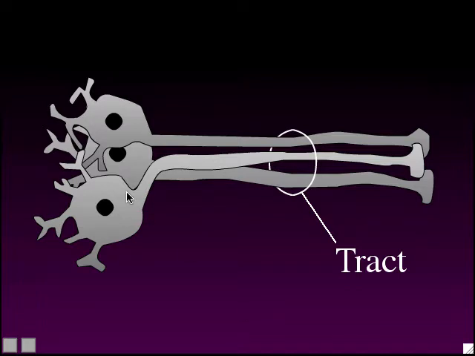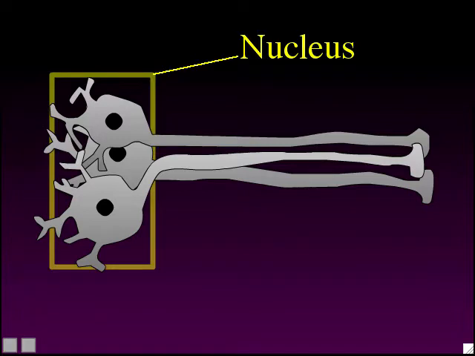In the central nervous system, wherever you find a cluster of neuron cell bodies, like you see here, that's called a nucleus. In this drawing, you see 3 neuron cell bodies all clustered together, and so you'd say that is a nucleus of the central nervous system.